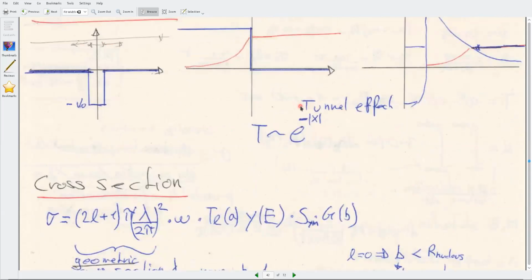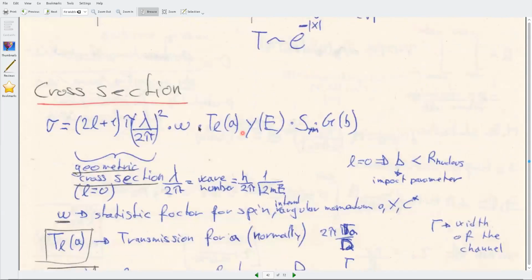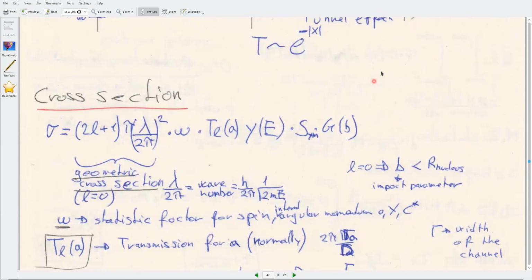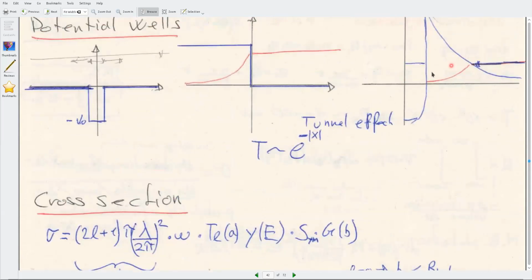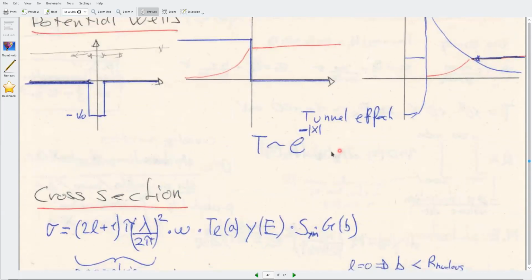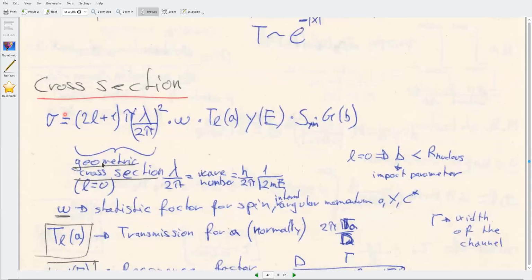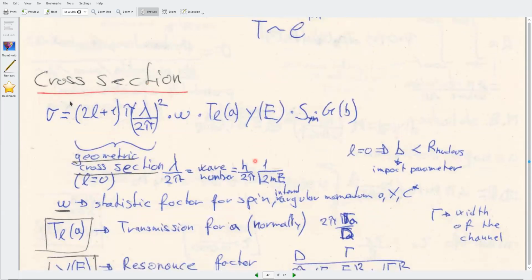That is what we call the tunnel effect, and then we go with the explanation of the energy. The higher the energy is, the higher it can go. And at the end, the cross-section can be calculated in this way, where one part is a geometric, classical cross-section, like hitting a target: the bigger the target, the easier it is to hit it with the particle.